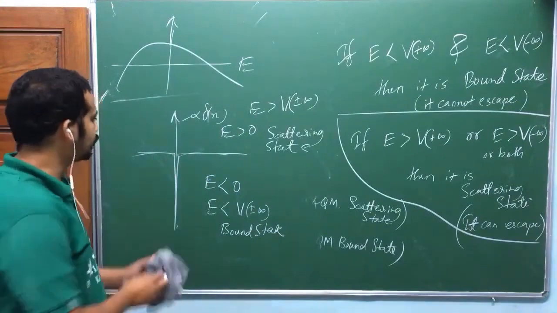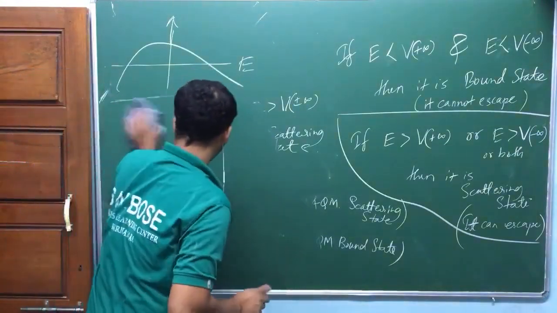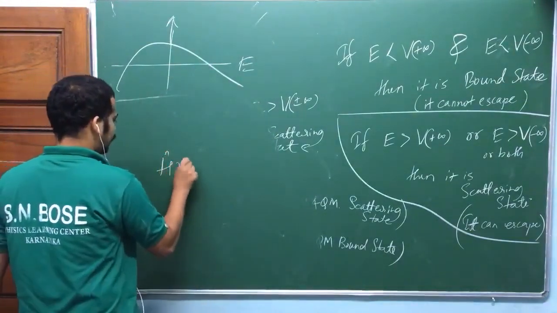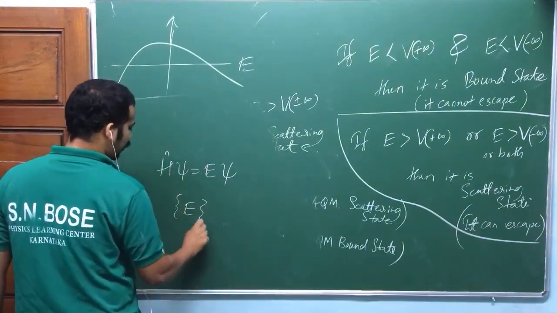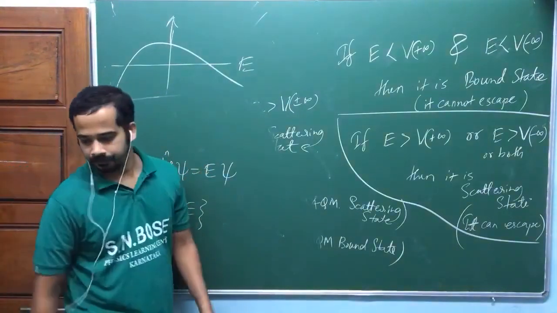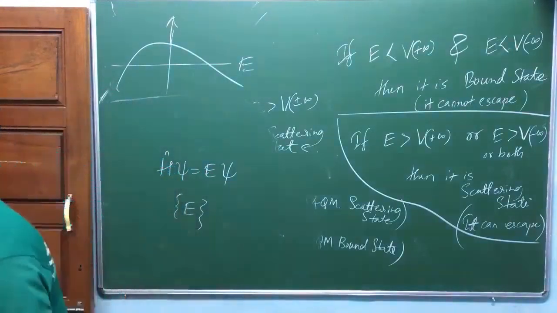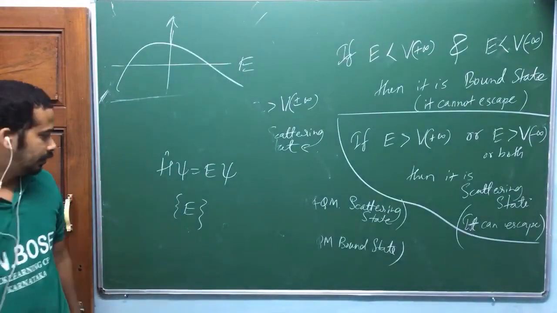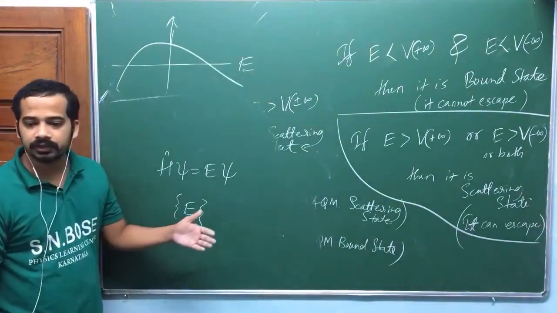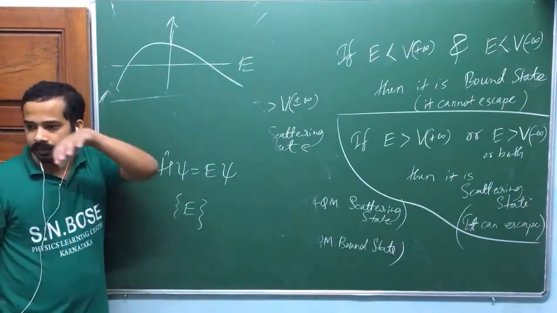H psi is equal to E psi, am I right? H cap psi is equal to E into psi, am I right? These energies are called a spectrum. Is that okay? Quite a strange word, isn't it? If energies are discrete, we call it discrete spectrum.